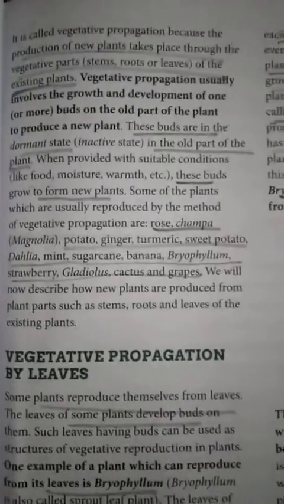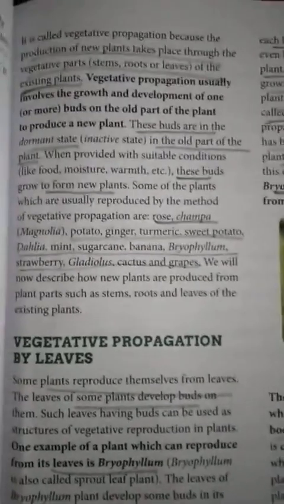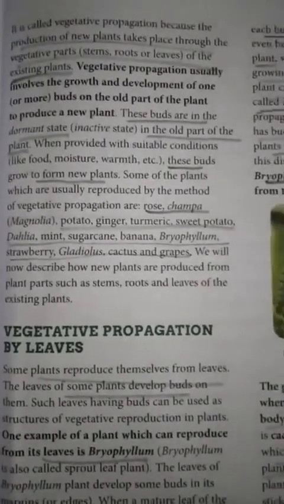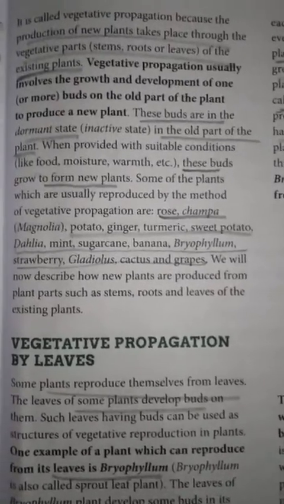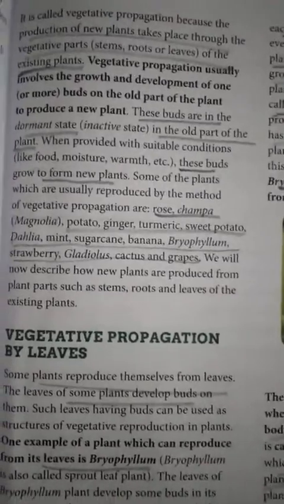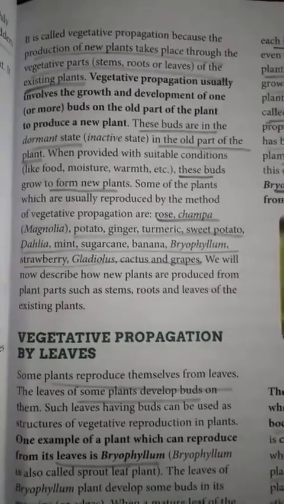Examples of plants that can be grown through vegetative propagation are rose, champa, okay, potato, ginger, turmeric, sweet potato, dahlia, mint, sugarcane, banana, bryophyllum, strawberry. All these plants can be reproduced through vegetative propagation.